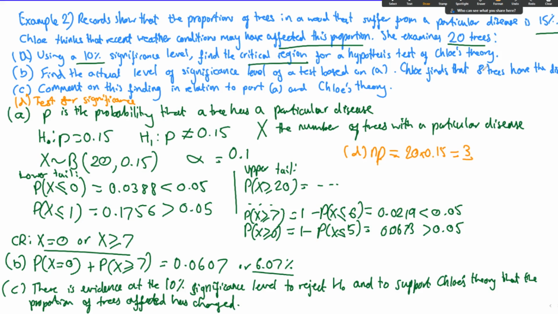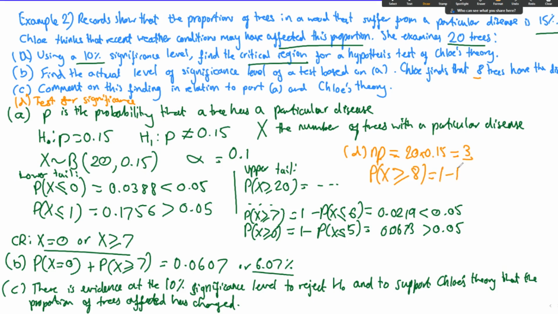Now what we want to say is, is the number of trees observed higher or lower than the expected value? And since it's higher, because 8 is greater than 3, we look at the upper tail. So we say, what's the probability of x being greater than or equal to 8?